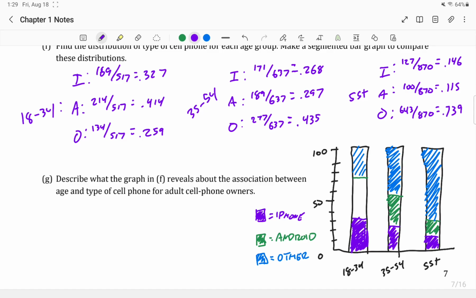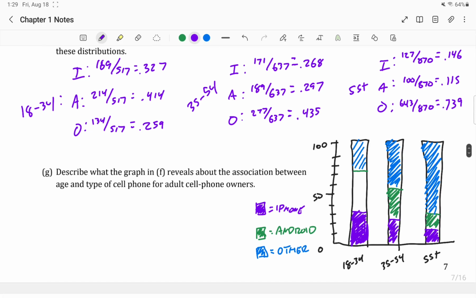The last thing I want to talk about before we get to this last problem, even though it's not mentioned here, is it mentioned in your book notes at all as I'm flipping through mine? It is a mosaic plot. So a mosaic plot is basically a segmented bar chart, which is what this is, but it's one big box, the whole thing.